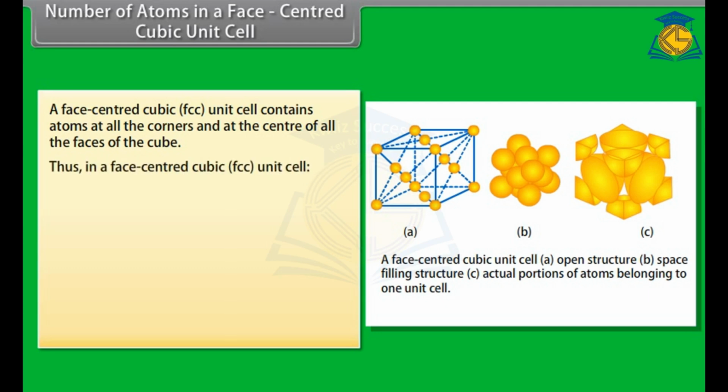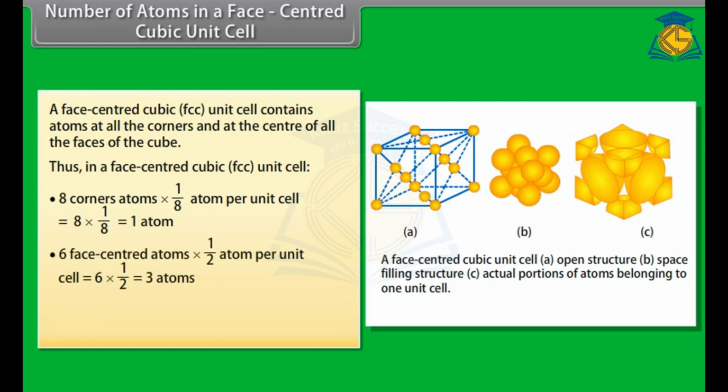Thus, in an FCC unit cell, 8 corner atoms into 1 upon 8 atom per unit cell equals 8 into 1 upon 8, which is equal to 1 atom. 6 face-centered atoms into 1 upon 2 atom per unit cell is equal to 6 into 1 upon 2, which equals 3 atoms. Therefore, total number of atoms per unit cell is equal to 4 atoms.